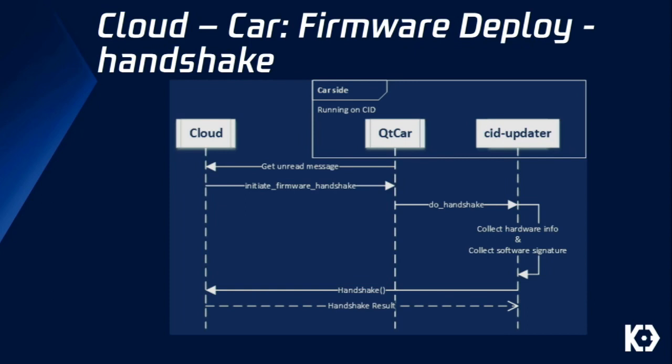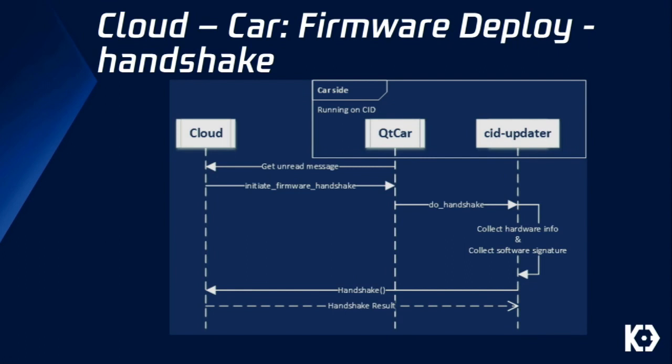After all this information is collected, it will be sent to the cloud, which is a handshake server, with a handshake request. And the cloud server will check if the information is correct, and if this car should have an update, and if so, it will return a correct handshake result.